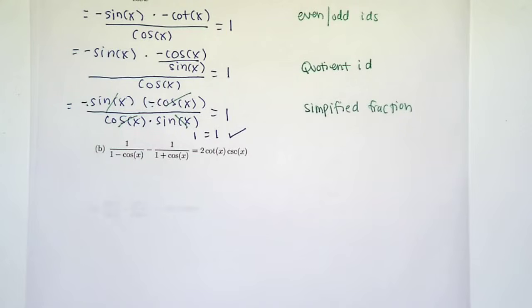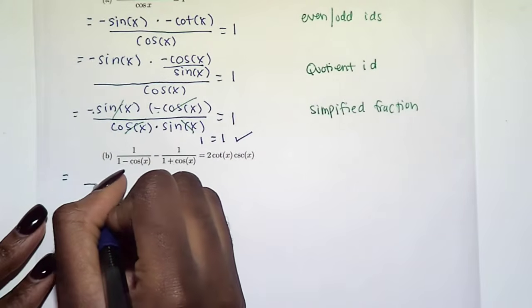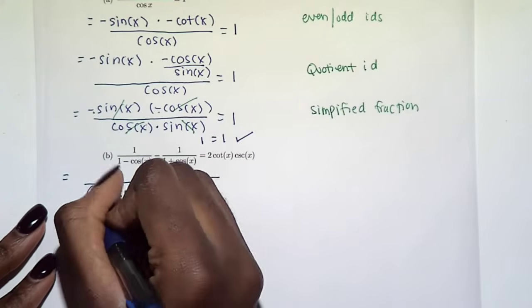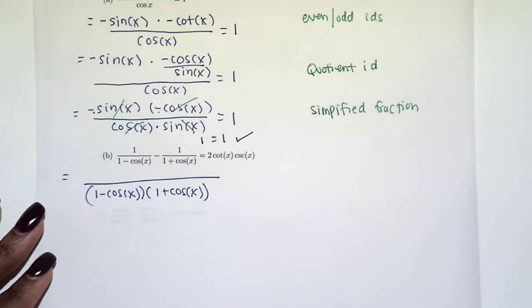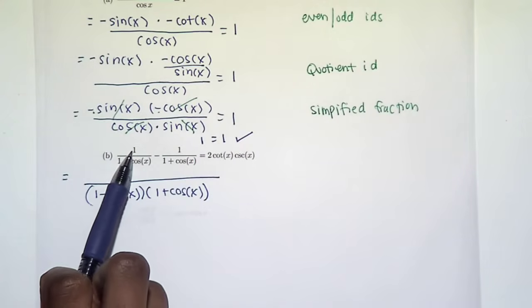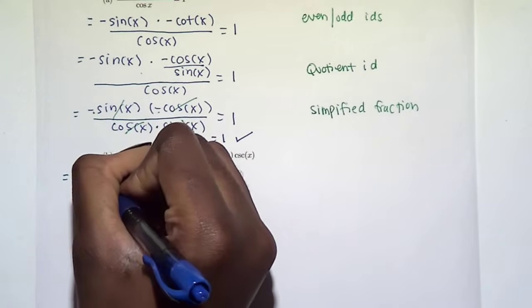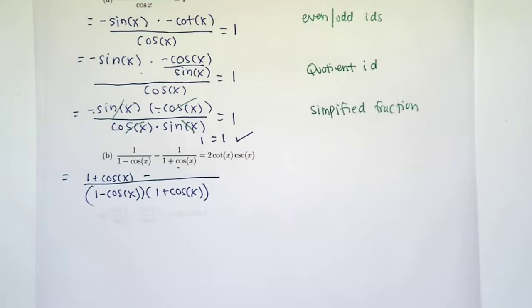I want to get a common denominator. So my common denominator is just going to be multiplying these two. So 1 minus cosine x times 1 plus cosine x. So that means in the numerator, I have to multiply this one by 1 plus cosine x. Then we want to subtract.